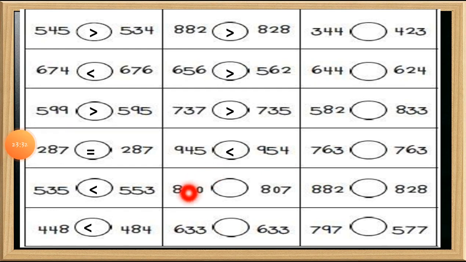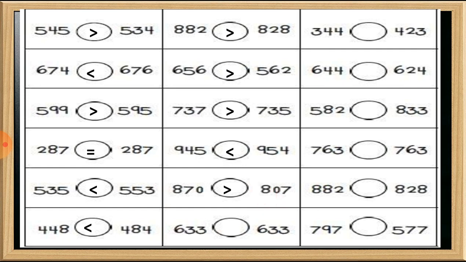Here is 870 and here is 807. So here is 07 and here is the 70. So this is the bigger number which is 870. So alligator will eat 870 number. Next one which is 633 which is at the left side and 633 which is at the right side.